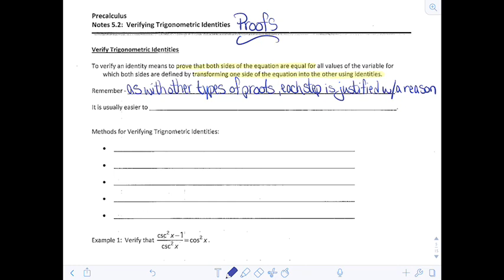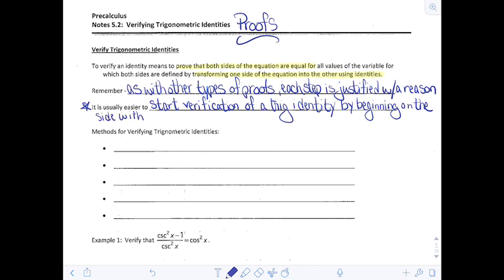Okay, so as a hint, this is what we're going to do, I would say 99% of the time, but it is usually easier to start verification of a trig identity by beginning on the side with the more complicated expression.